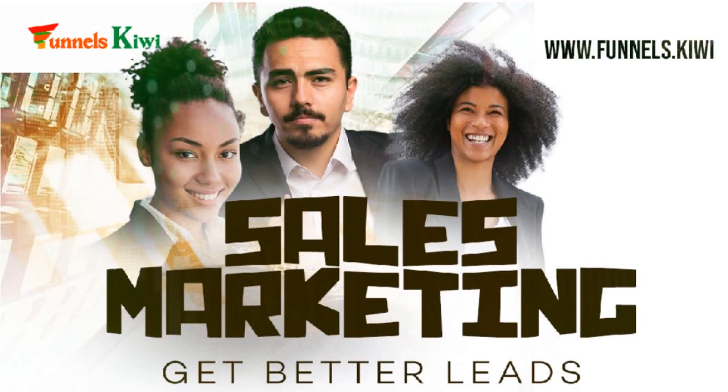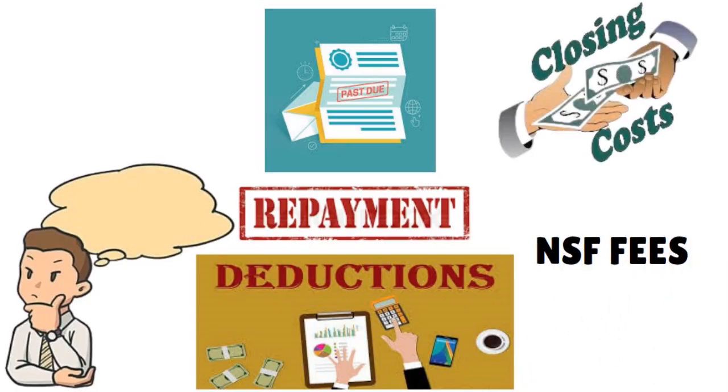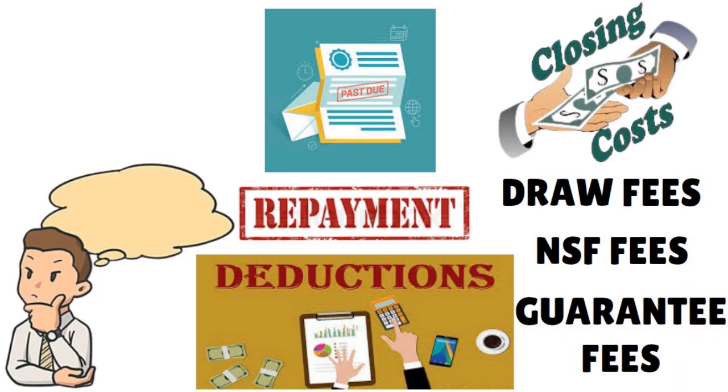So when it comes to reading a business loan offer, especially when it comes to hidden fees, you also have to pay attention to NSF fees, closing costs, draw fees, and guarantee fees. Those are important in terms of flexibility. Let me first talk about NSF fees. You probably heard of NSF fees because it's also applicable to individual banking, right?